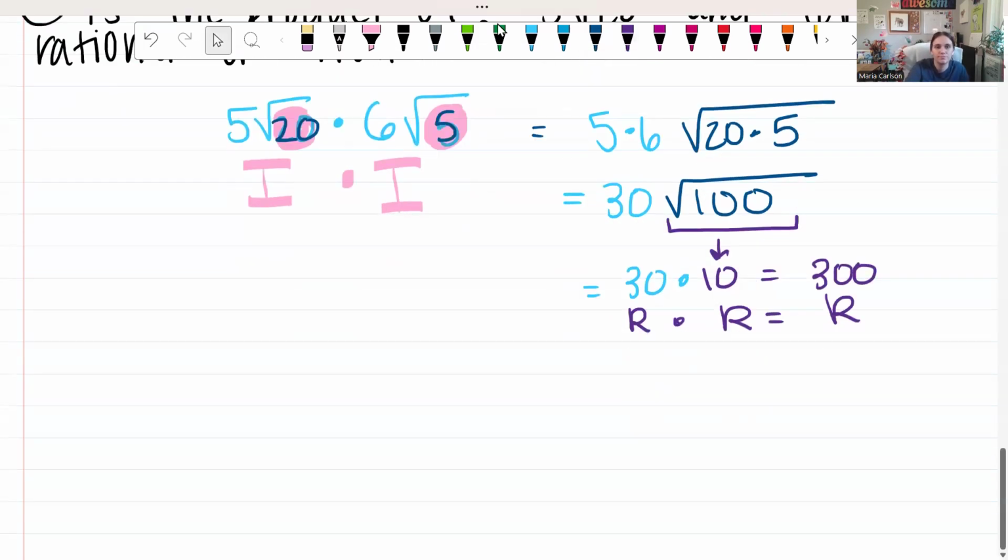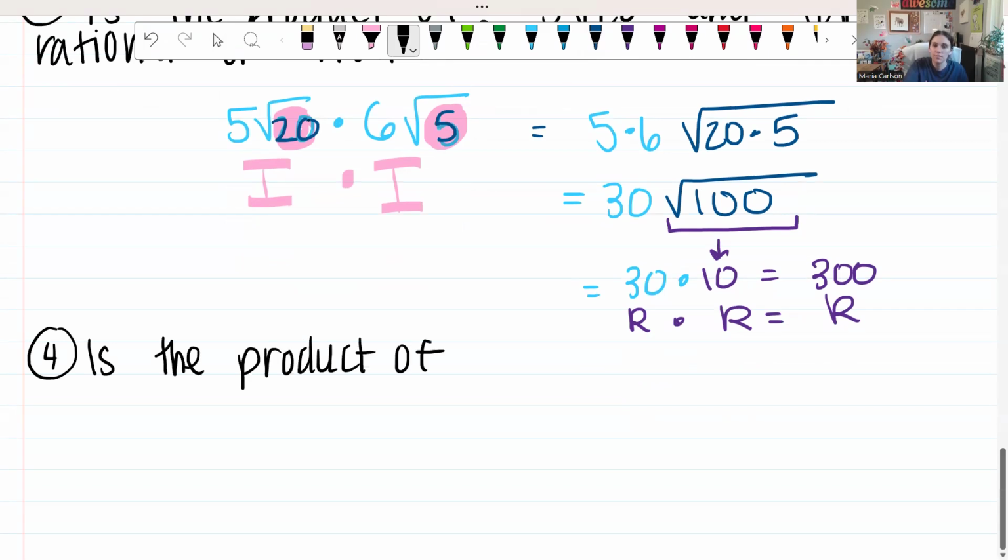Last one is the product of 5 square root 21 and 3 square root 4, rational or irrational?